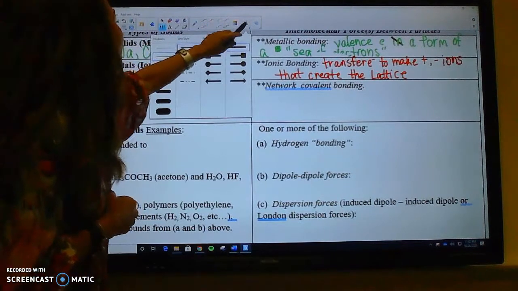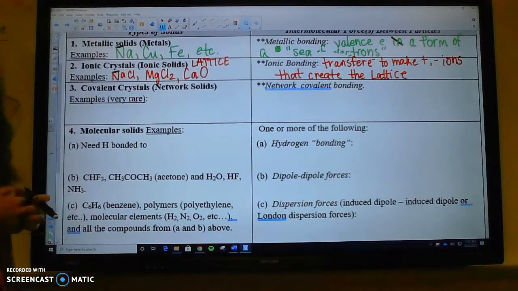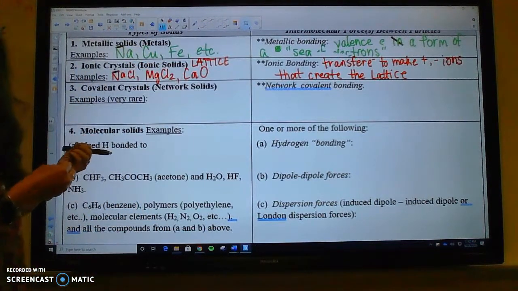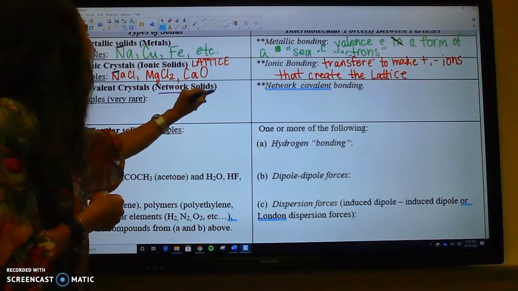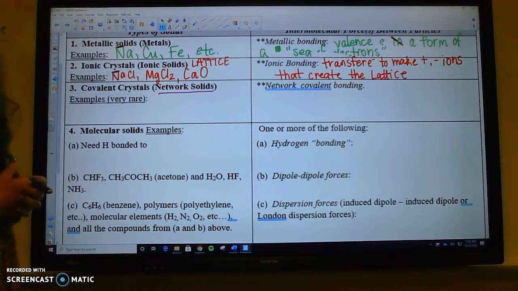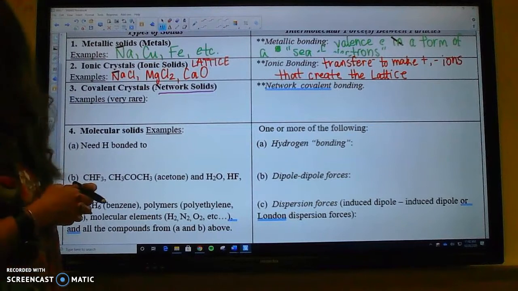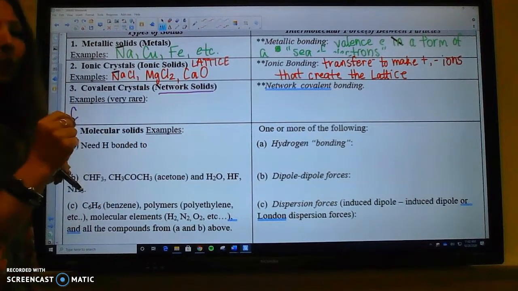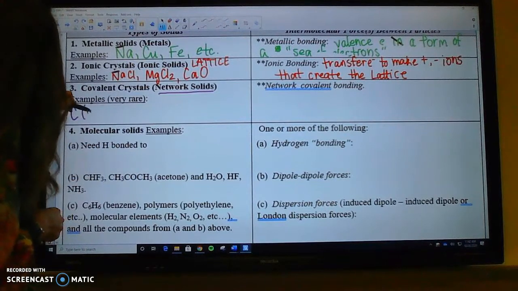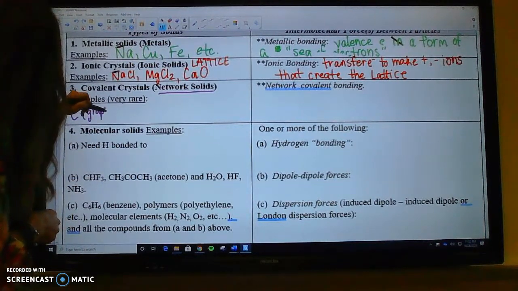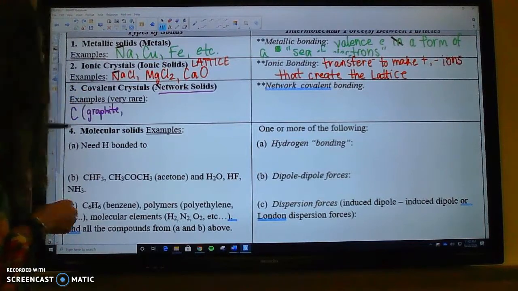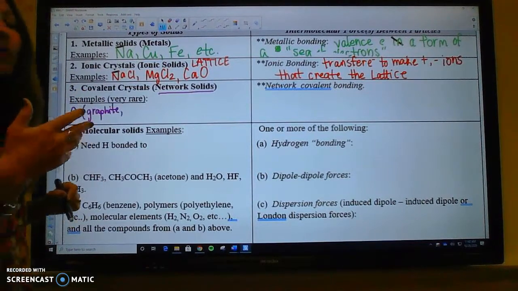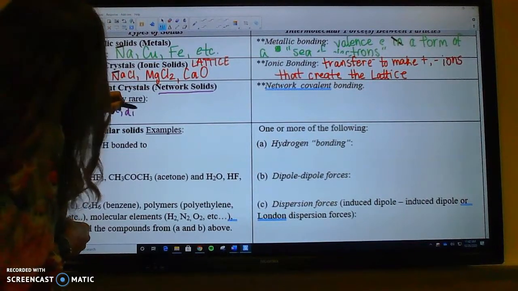So now we're going to move on to covalent compounds. Covalent compounds are the network solids. These are really rare. Some examples are carbon. Carbon can take on some unique different forms. We have it in the form of graphite, but an even stronger form and even more rare is diamond.